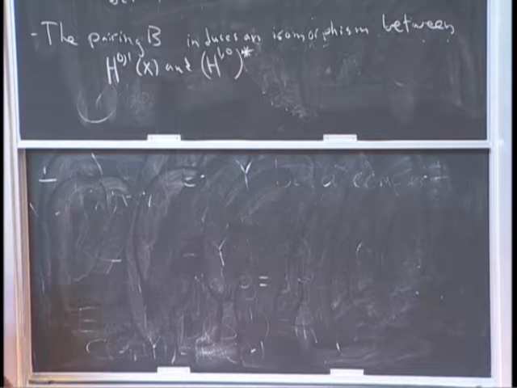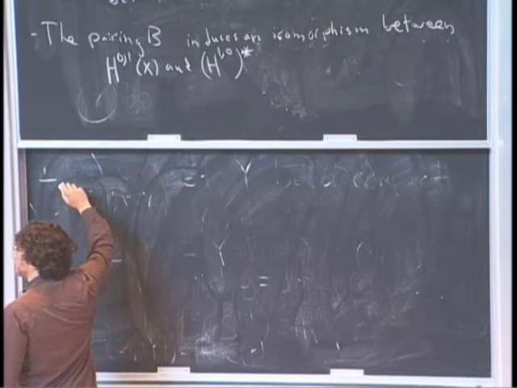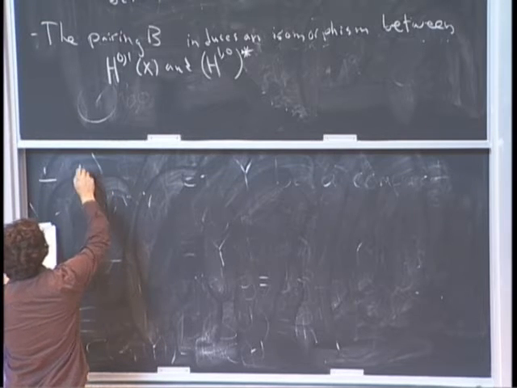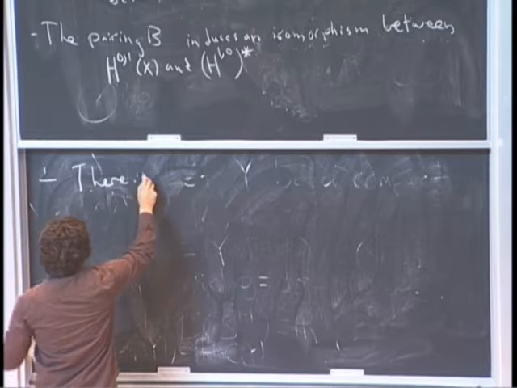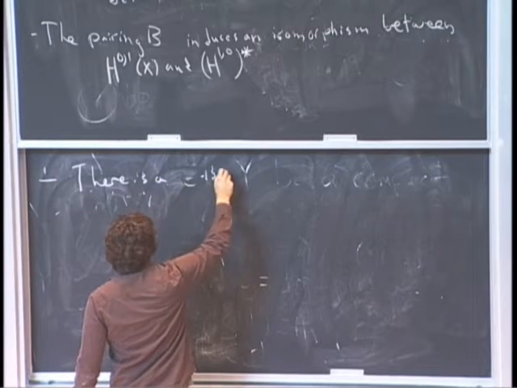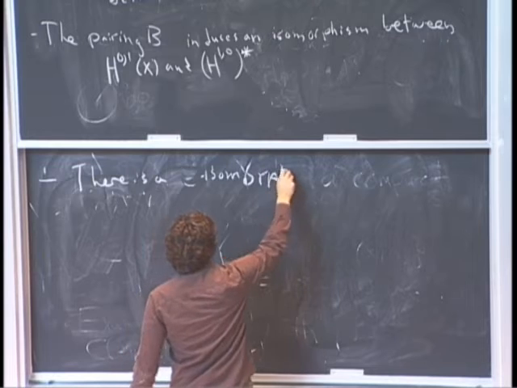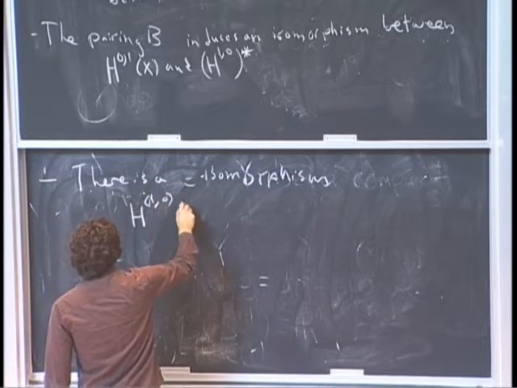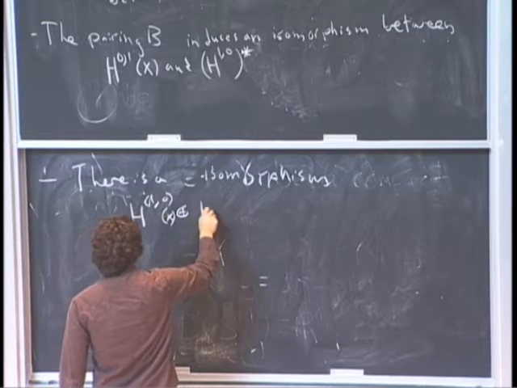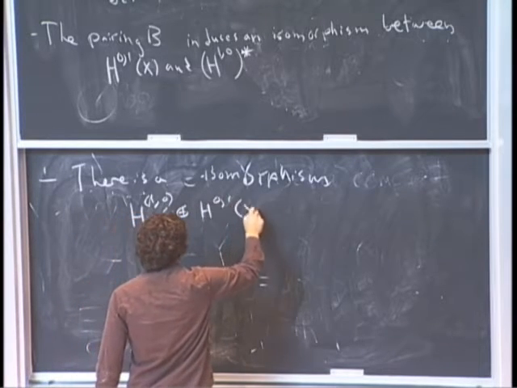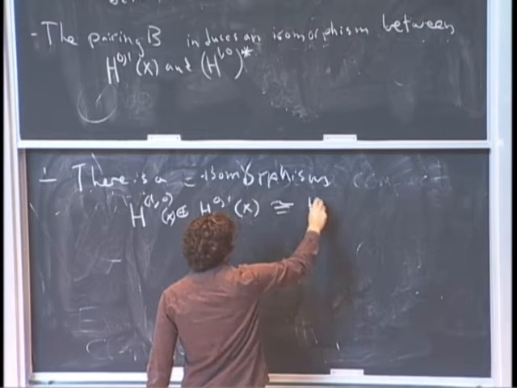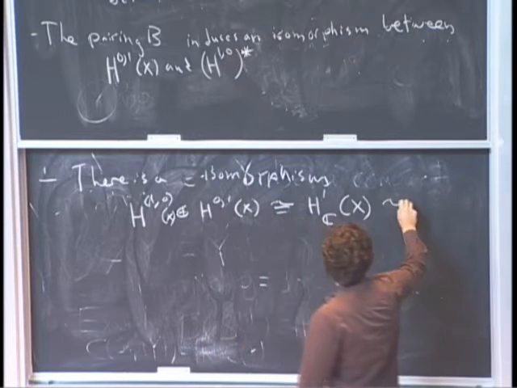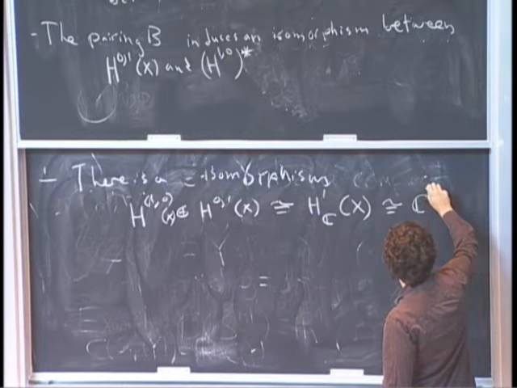That's not so interesting. So the one that we really want to exploit is the following, which is that there's a natural isomorphism between H10 of X and H01 of X to just the complex H1 of X. Of course, we mentioned last time, this should just be C to the 2g.